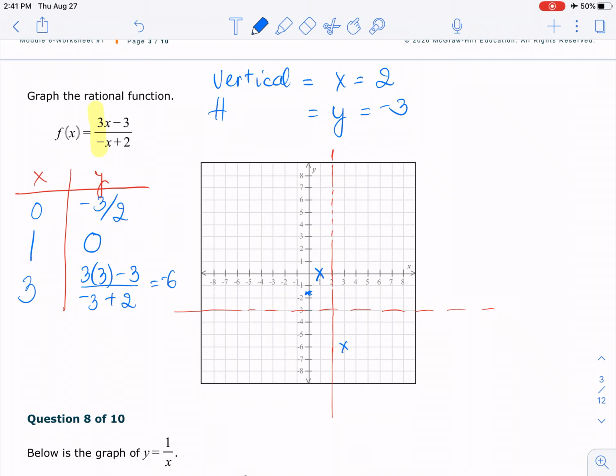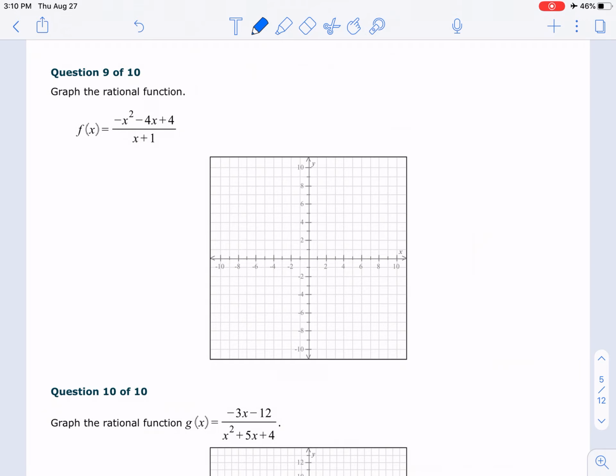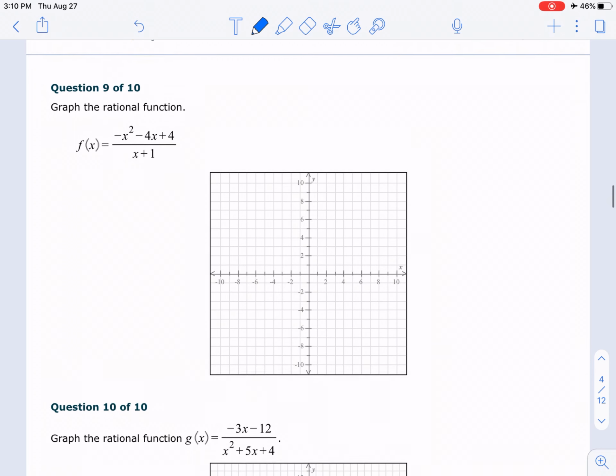I think we are ready to graph our function. So we have this approaching the asymptote, and we have this one approaching the asymptote.